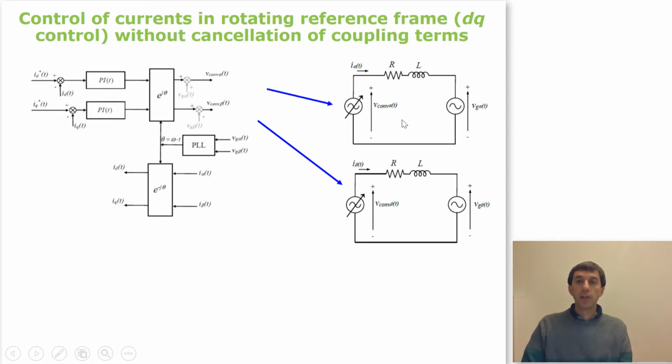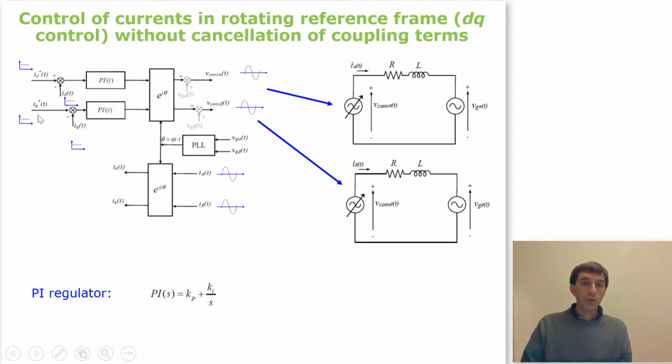Again, we have here the alpha-beta components or the alpha-beta electrical circuit. And again, the regulators that we are going to use for both D and Q current loops is going to be the PI regulator with the constant or proportional gain and with the integral gain.